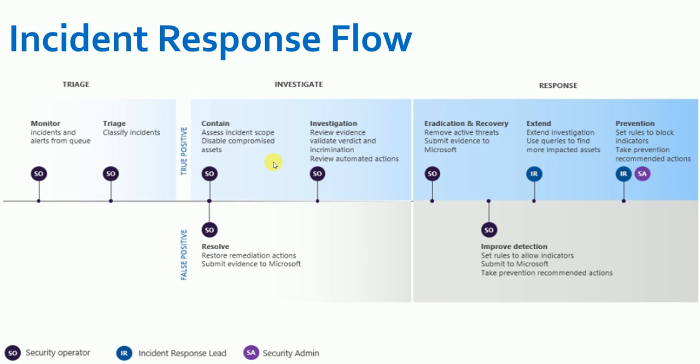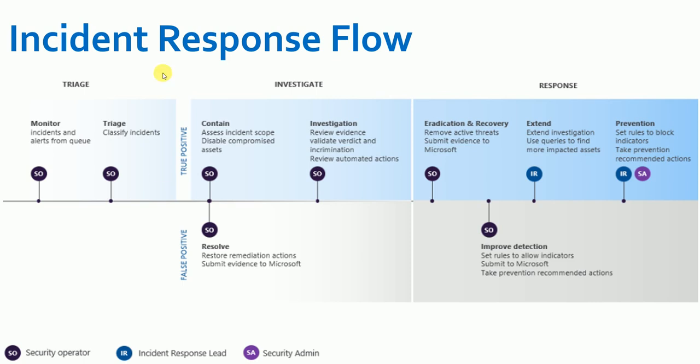If it is a true positive, then it will investigate that, and if it is a false positive, then it will automatically resolve that incident. So this is containing the asset and incident scope, disable the compromised assets, and then the investigation: review the evidence, validate, and review the automated actions.